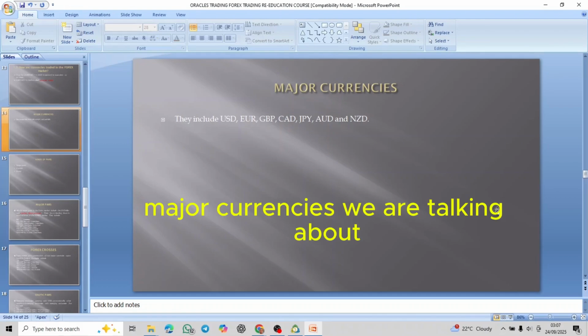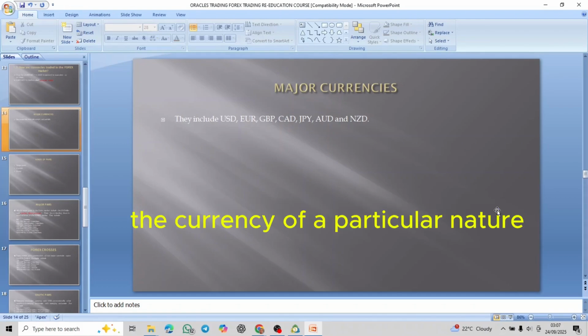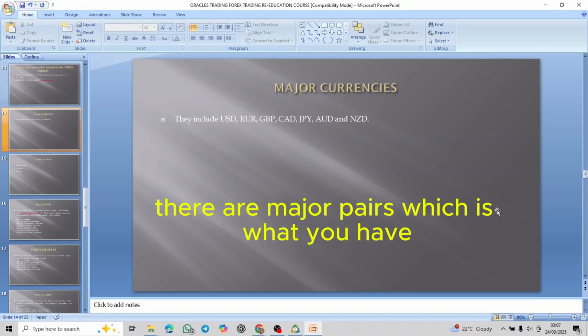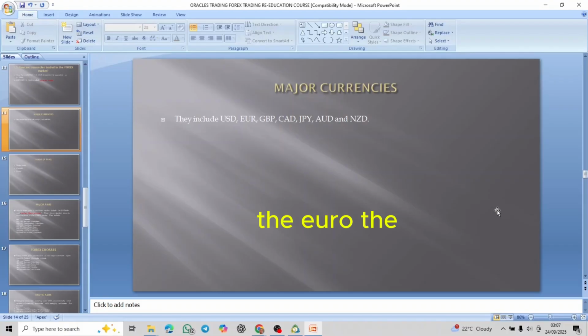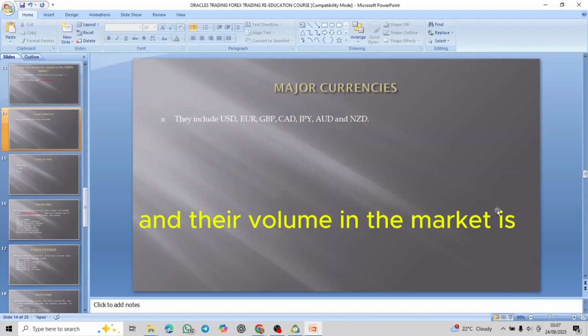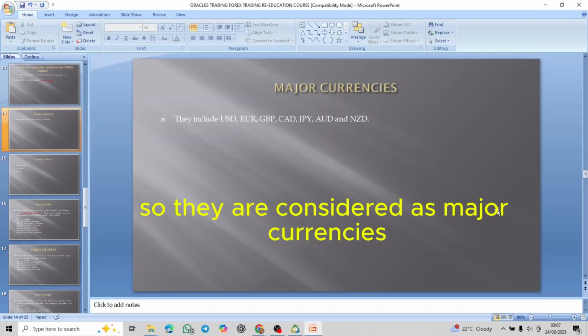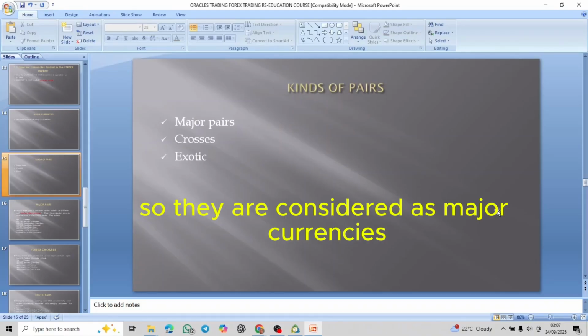Major currencies, we are talking about the currency of a particular nation, of strong economies. They are the euro, the US dollar, the GBP, the CAD, Japanese yen. They are major currencies. They are doing very well. Their volume in the market is much. So they are considered as major currencies.